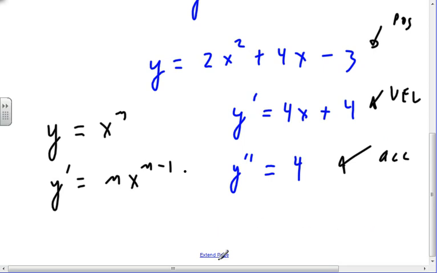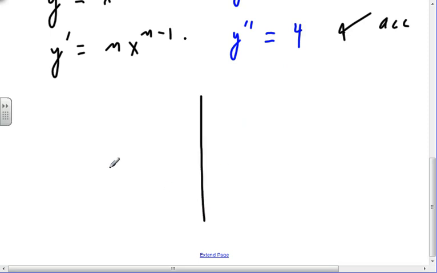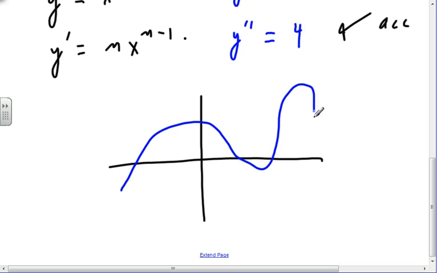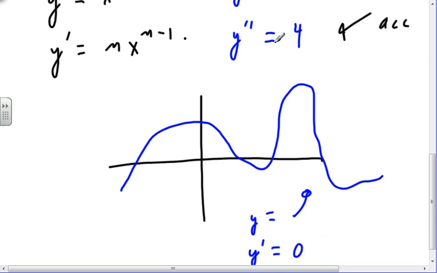acceleration. If I have some other type of equation, whatever that is, the first equation is the function. The first derivative of that is the slope. When I have the slope equal to 0, then I end up with a local minimum or maximum of the equation.